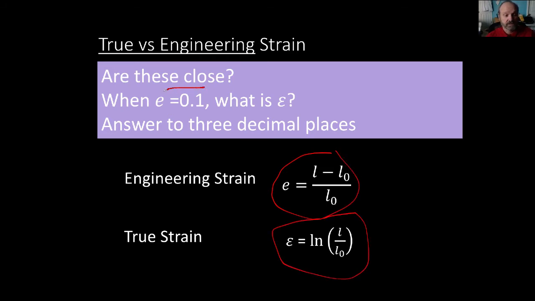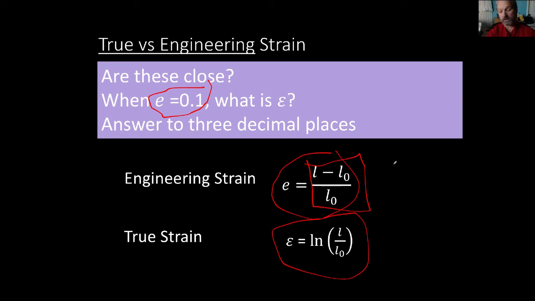So if this is 0.1, that means this here, the L minus L naught, so what you end up with minus what you start with in terms of length, divided by the original length is equal to 0.1, which means I stretched it by 10%. So you would say, okay, what numbers do I have to put in to do that?